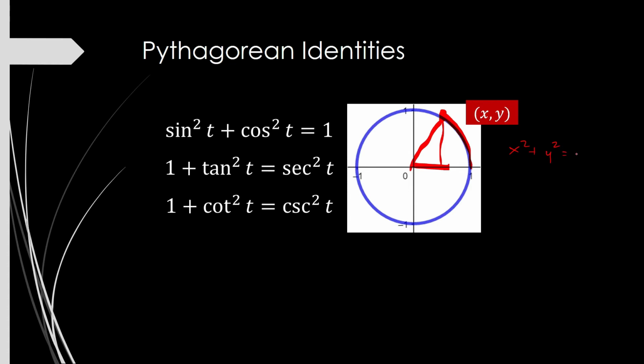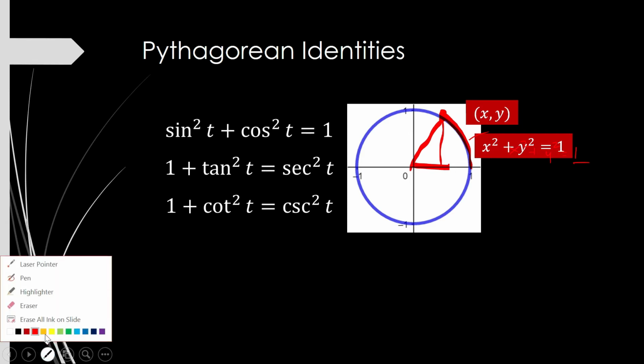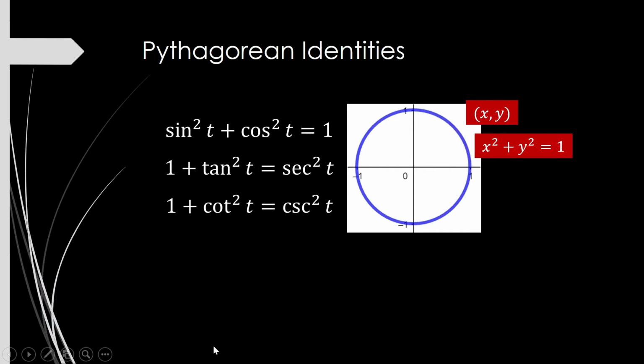But what is the square of the hypotenuse? It is just 1 squared, because this is a unit circle and the radius of that unit circle is equal to 1. So x squared plus y squared is equal to 1.